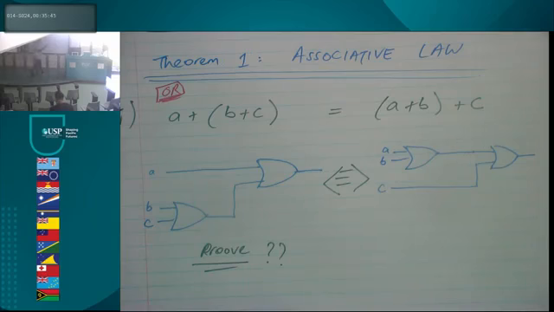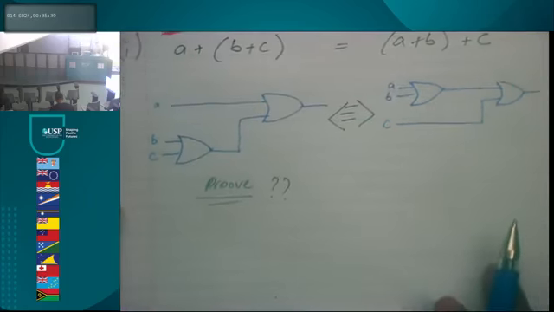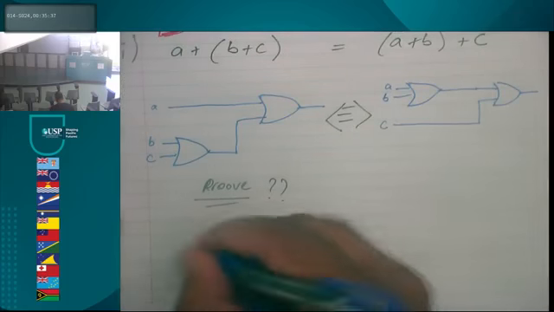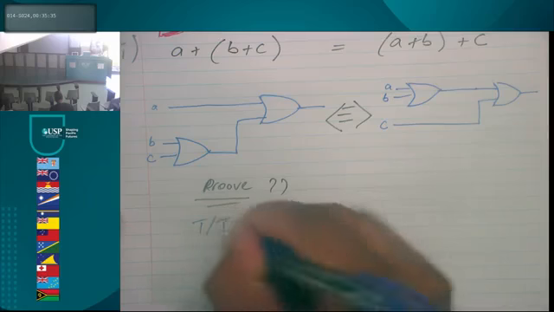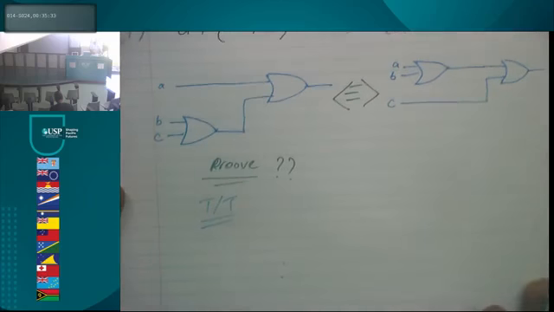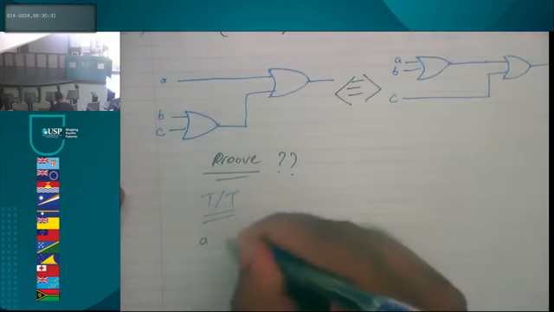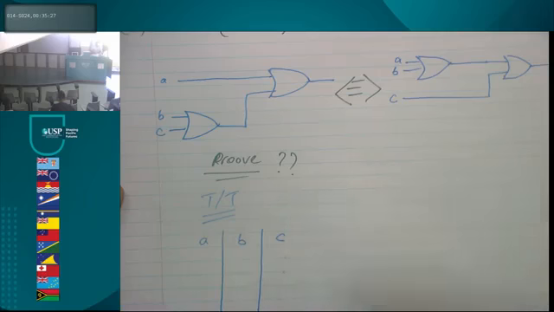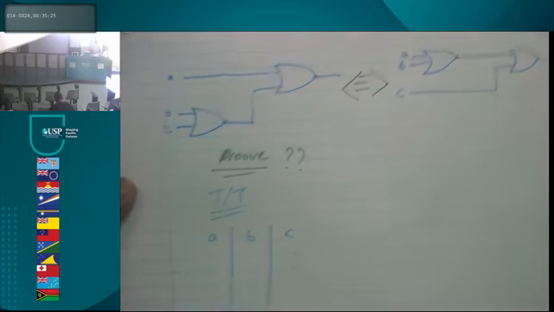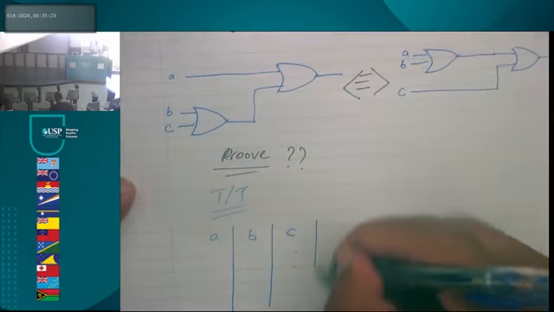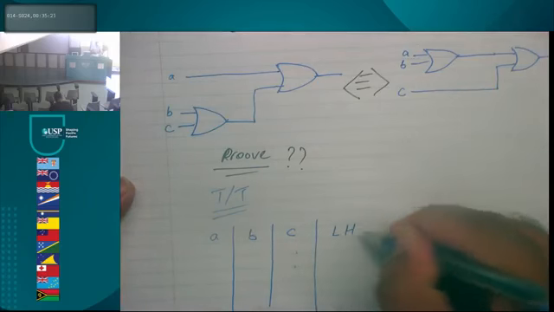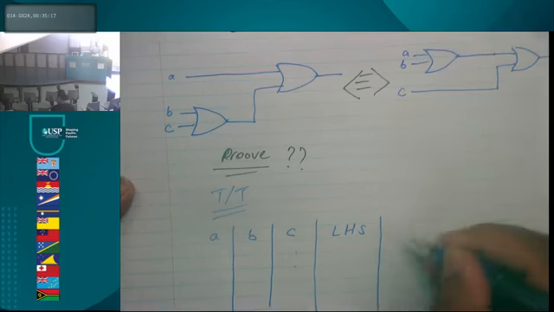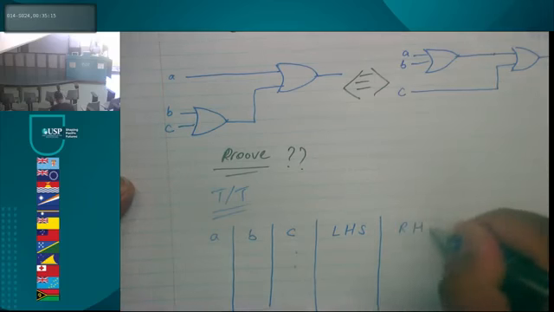But for something as fundamental as this, one of the easiest ways to prove it without getting into fundamentals of mathematics is to draw a truth table. So you'd have A, B, C, and then the output for the left-hand side, and the output for the right-hand side.